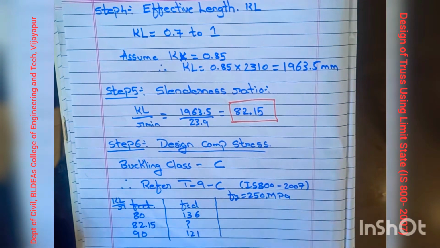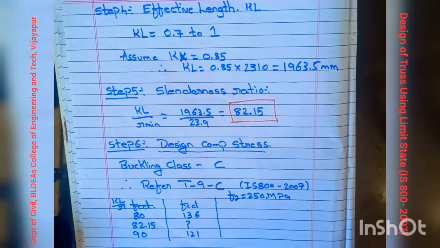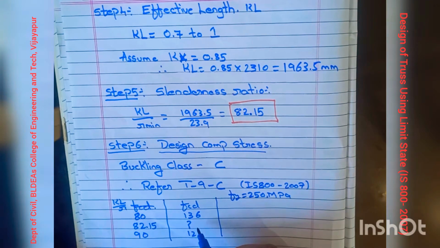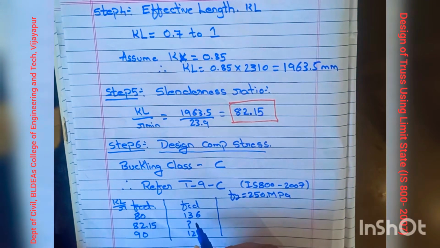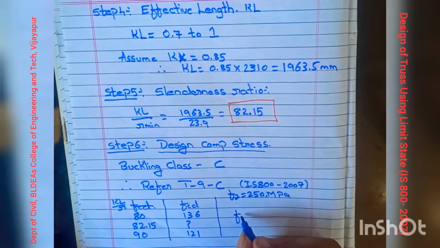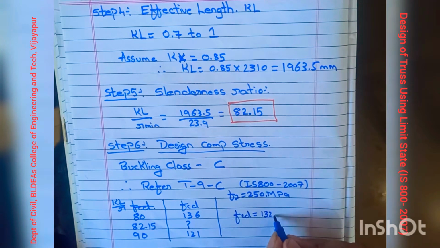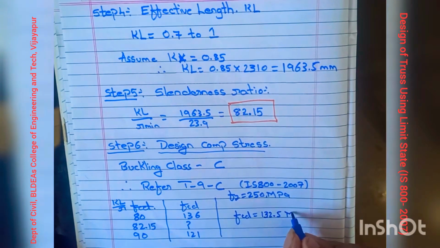Then again for 82.15, that is 2.5, again half of that. So 136 and 129, the difference is 7, so 3.5. You can just deduct 3.5 from this. So the FCD we can take is 132.5 MPa.